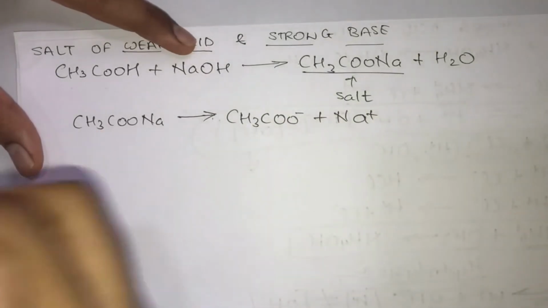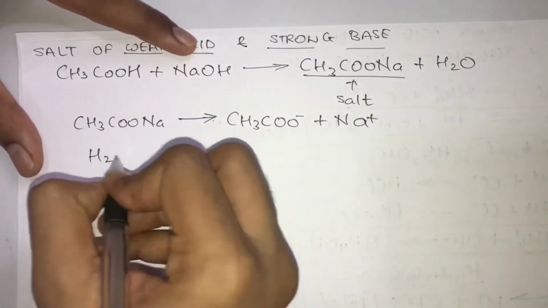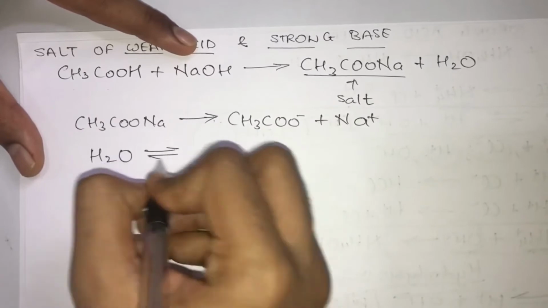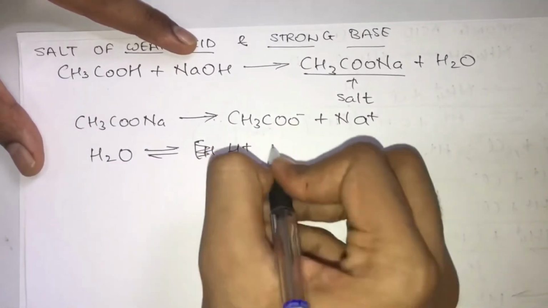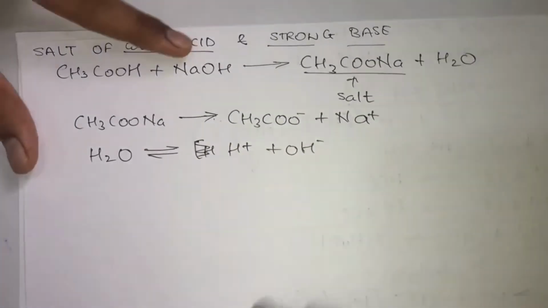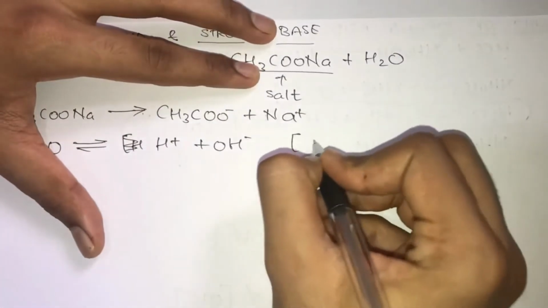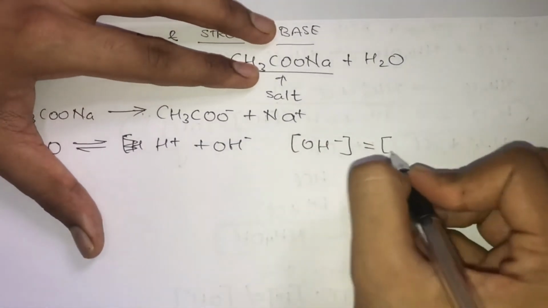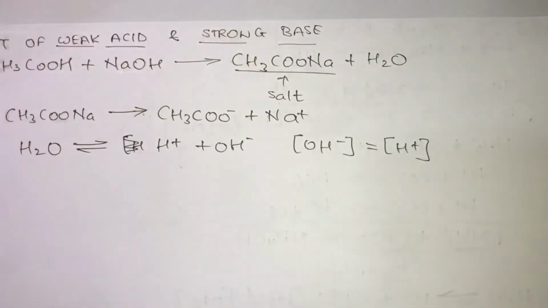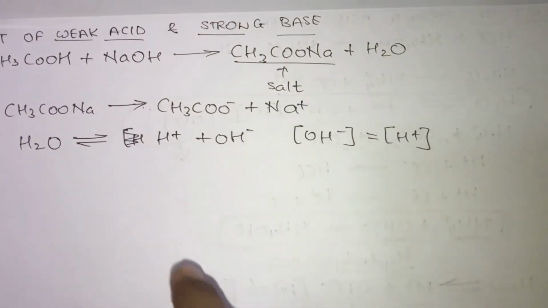And we all know that water dissociates slightly into its ions, that is H plus ions and OH minus ions. And guys, as we all know, for pure water the concentration of OH minus ions is equal to the molar concentration of H plus ions. So their concentration is the same only for pure water.